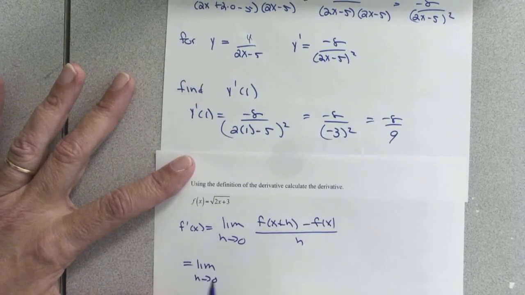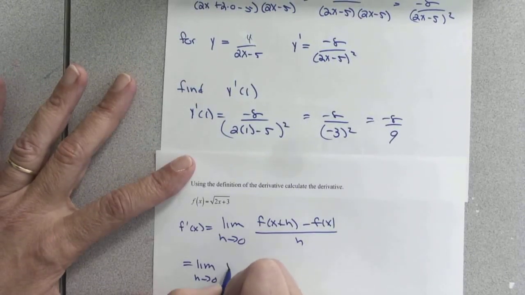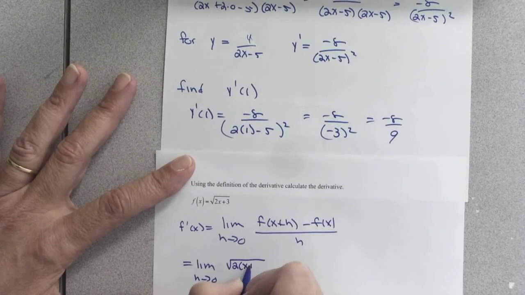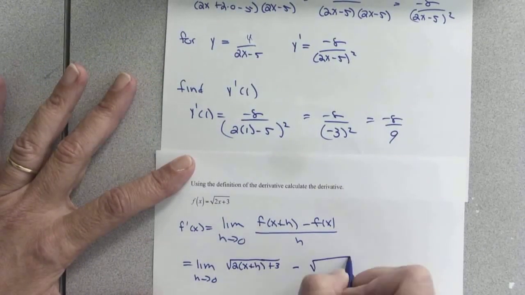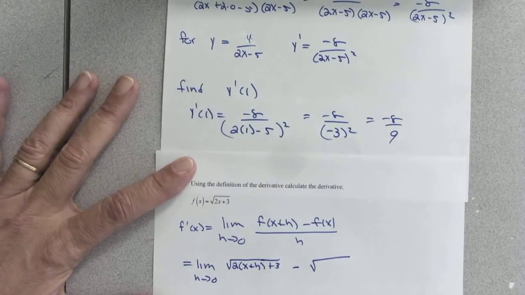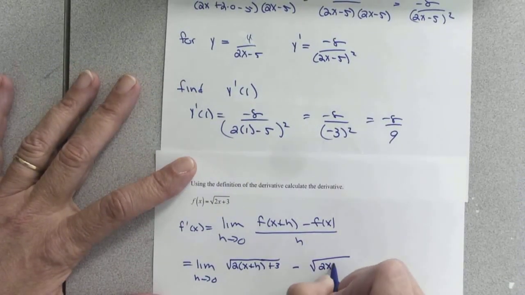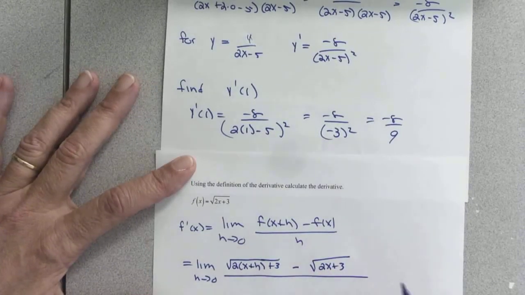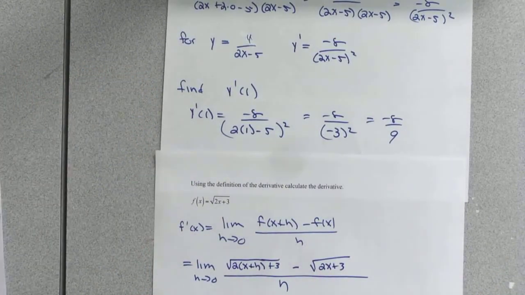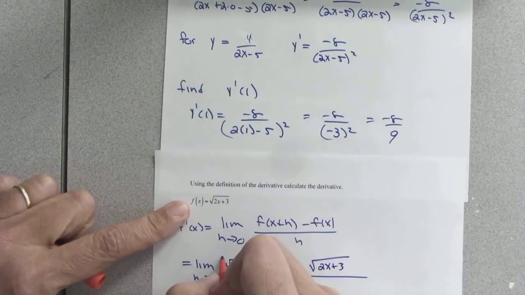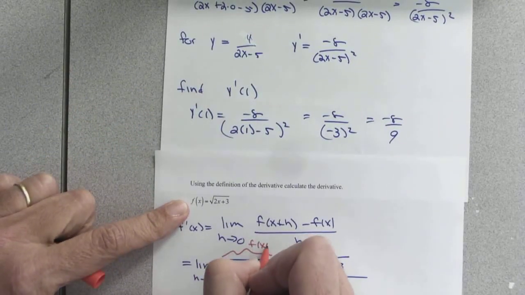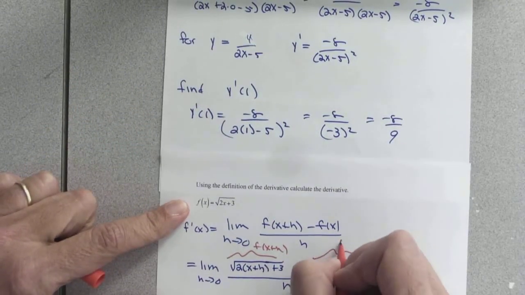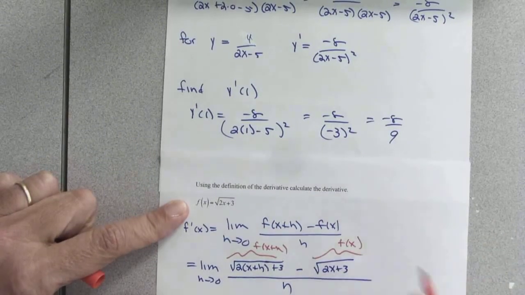And so that's going to be the limit as h goes to 0 of the square root of the quantity 2 times the quantity x plus h plus 3, minus the square root of 2x plus 3, all over h. That's your f of x plus h. That's your f of x.